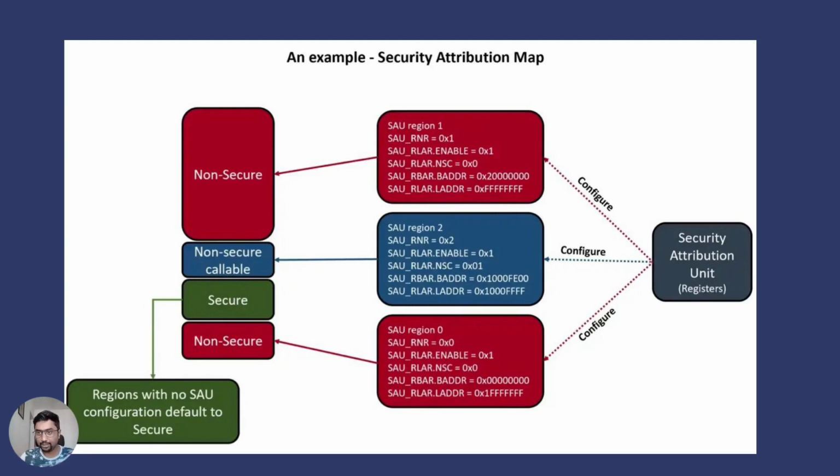In our case, we will be using the SPU for configuring these flash regions or RAM regions. Using the register blocks of SPU, we can configure whichever memory we want to be non-secure and non-secure callable. The remaining memory is by default secure.